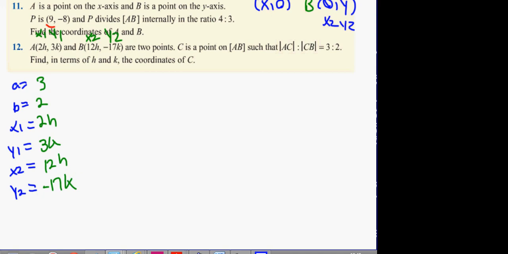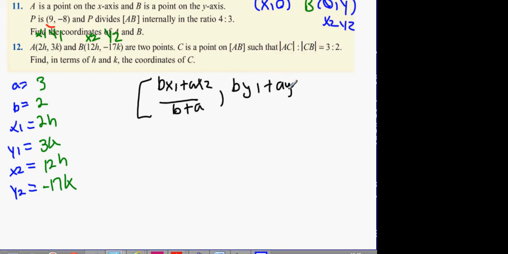Once again, the formula: Bx1 plus Ax2 over B plus A, By1 plus Ay2, all over B plus A.